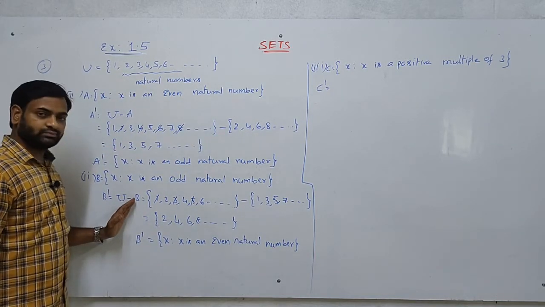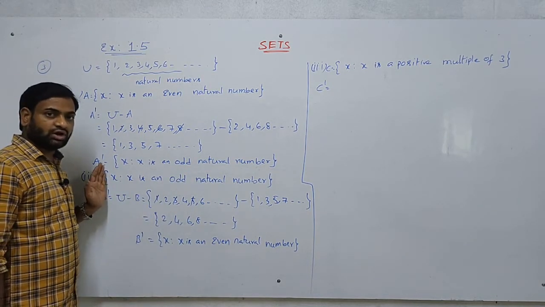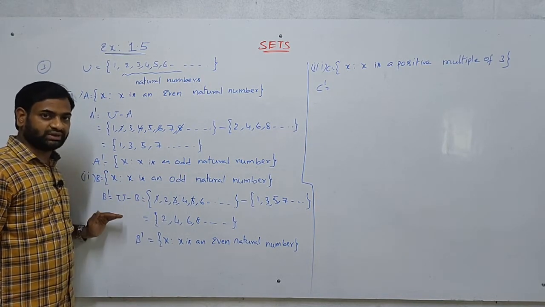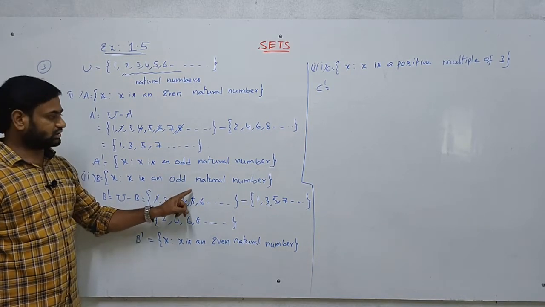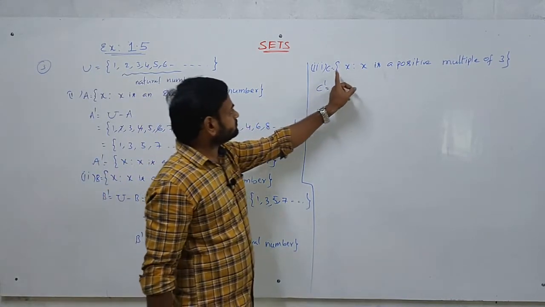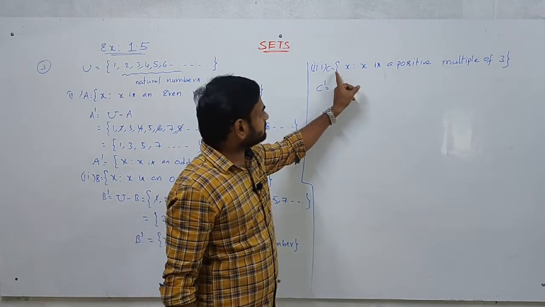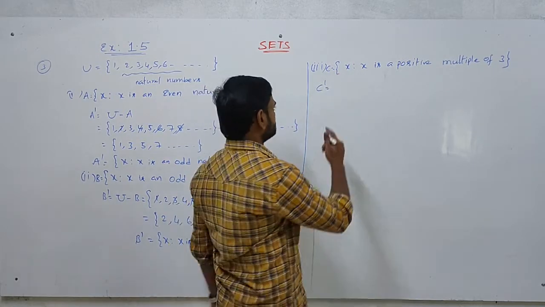Next, B means all natural numbers not B, B dash means not B, not B means not odd natural numbers. In the same way, C.